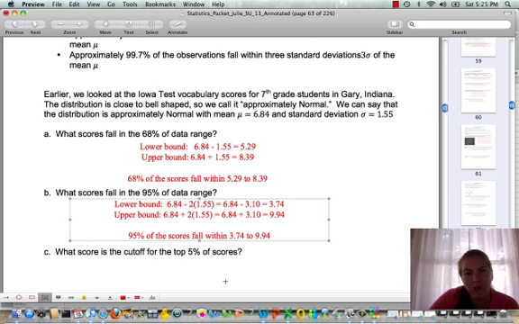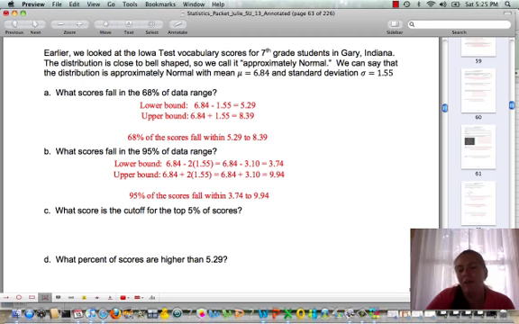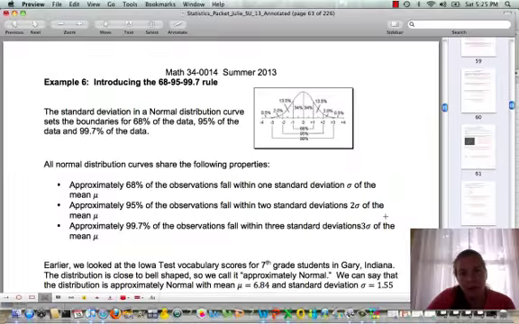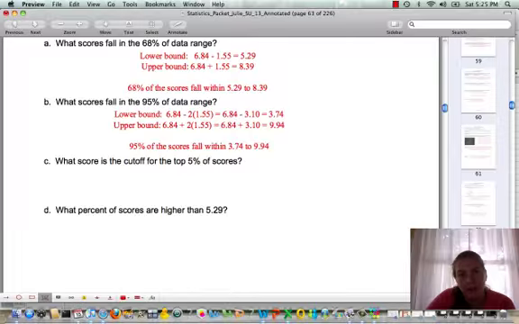So now they want to know what score is the cutoff for the top 5% of scores. Well, we may have to make an estimate here. So if we look back up here, we see, well, after 2 standard deviations, that's the top 2.5%. So that upper bound was 9.94. And then after 1 standard deviation, that's going to be 16% left over.